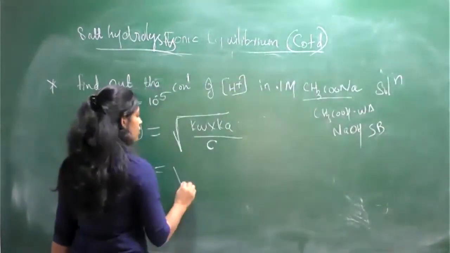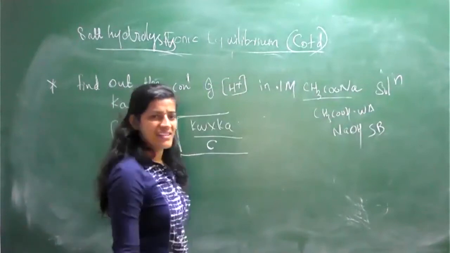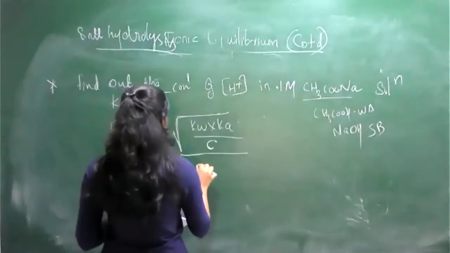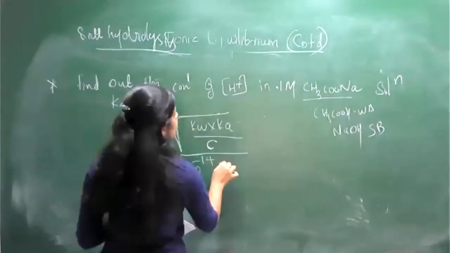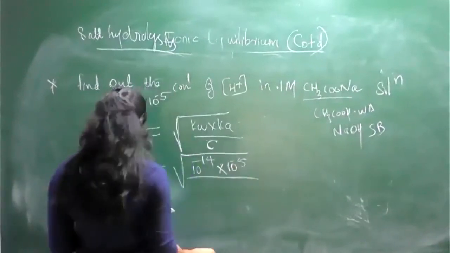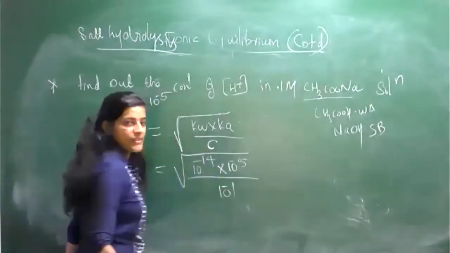Got the answer? Tell me. Whatever your answer. Root of 10 to the power minus 14 into Ka, which is given to you, 10 to the power minus 5, divided by concentration 10 to the power minus 1.